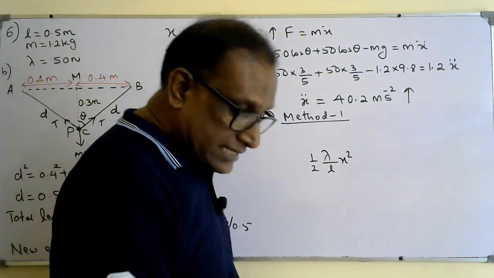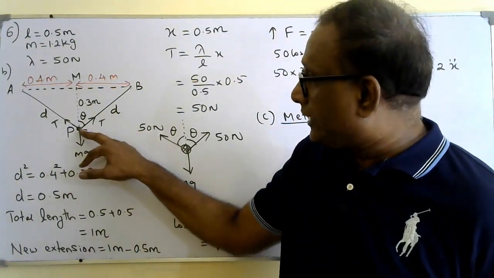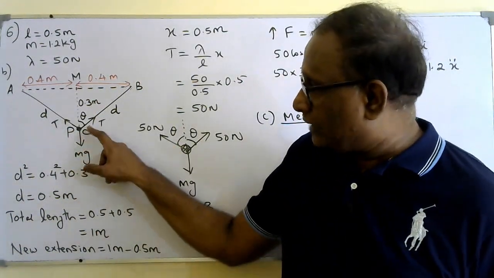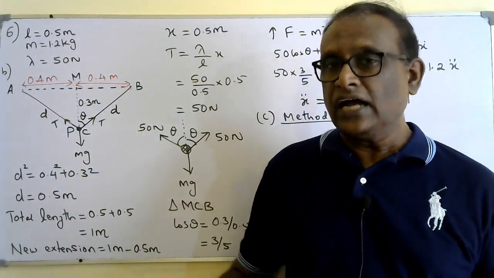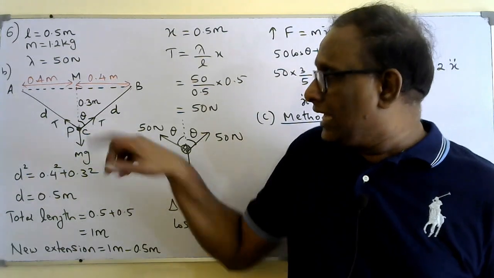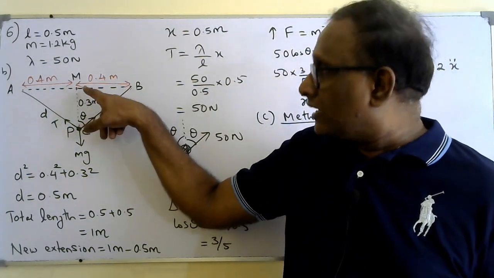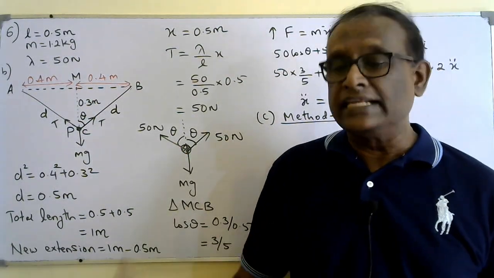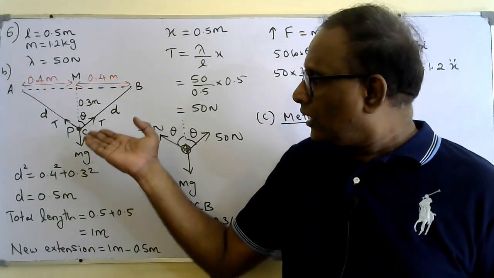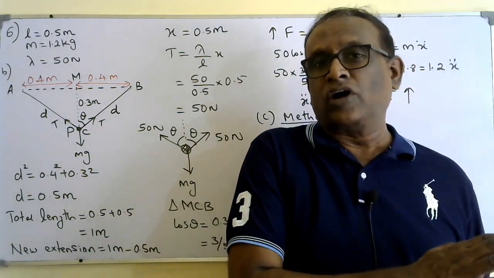So loss in elastic potential energy. When it moves from point C to M, it's going to lose the elastic potential energy. How to find the loss in elastic potential energy? Initial elastic potential energy at point C minus the elastic potential energy at M. If you subtract, you will get the loss in elastic potential energy. So when it's going to lose the elastic potential energy, how is it going to be converted to other forms of energy?